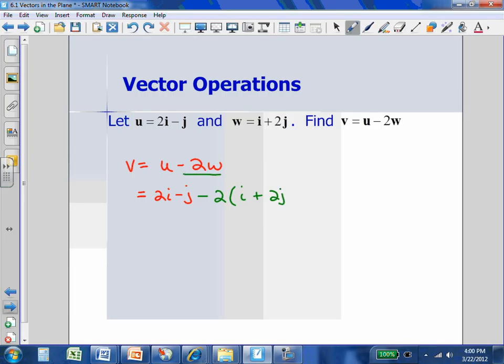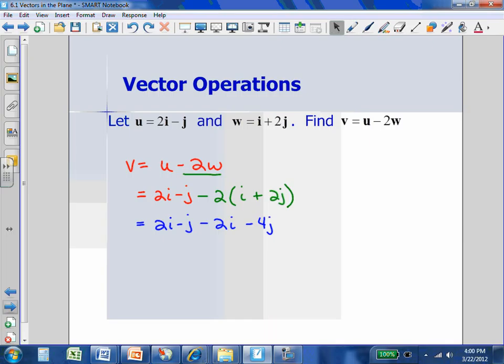So that part is represented there in green. So now I'm simply going to distribute and do what I normally do with like terms. So I have 2i minus j minus 2i minus 4j.